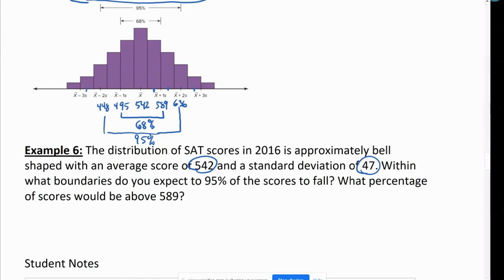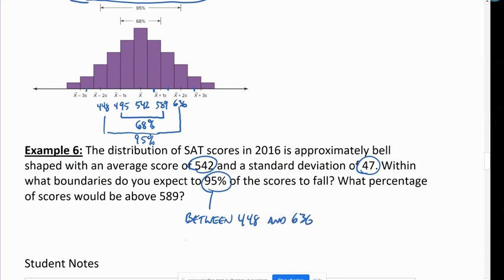Okay, so in this problem, it's saying within what boundaries do you expect 95% of the scores to fall? So that is 95%, the one we just calculated. So we'd say between 448 and 636.